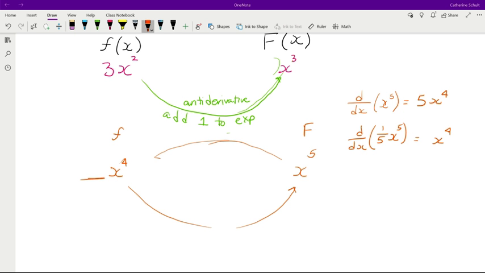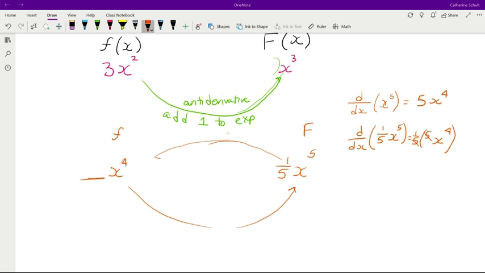Now when we bring that 5 down, 5 times 1/5 is 1. We have the 1/5, and the derivative of x to the 5th is 5x to the 4th, and they cancel, and that gives you your x to the 4th. So the antiderivative is 1/5 x to the 5th.